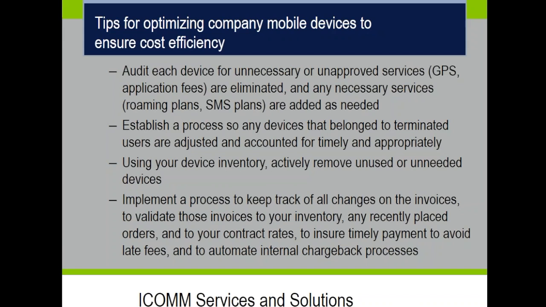Oftentimes we find that those are sitting in managers' drawers. They let an employee go 3 months ago, they didn't know what to do with the device, they put it in their drawer, and it continues to bill to the enterprise. Those are things that are very easy to see if you're looking at the invoice regularly and tying that into an employee inventory and device inventory. All that stuff that we mentioned before really helps you narrow your focus down correctly.